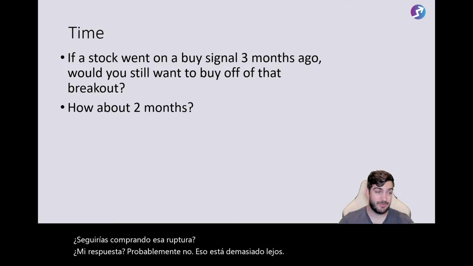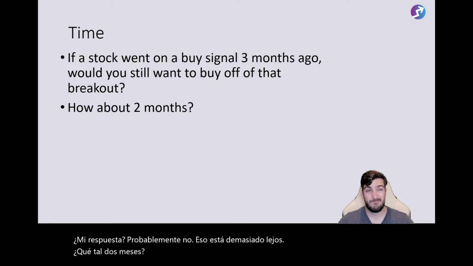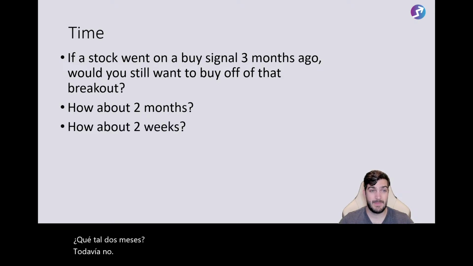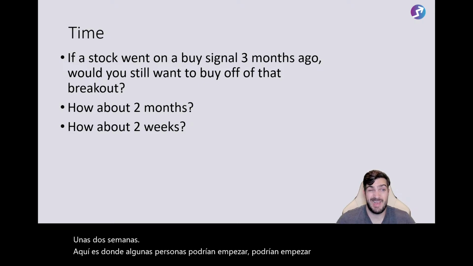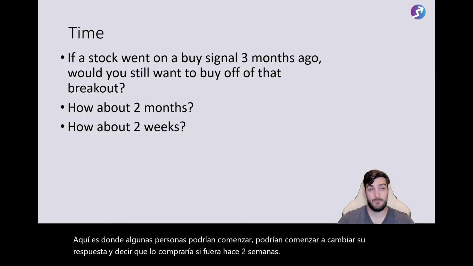How about 2 months? Still not. How about 2 weeks? This is where some people might start to change their answer and say, yeah, I would buy it if it was 2 weeks ago. For me, I probably still would.